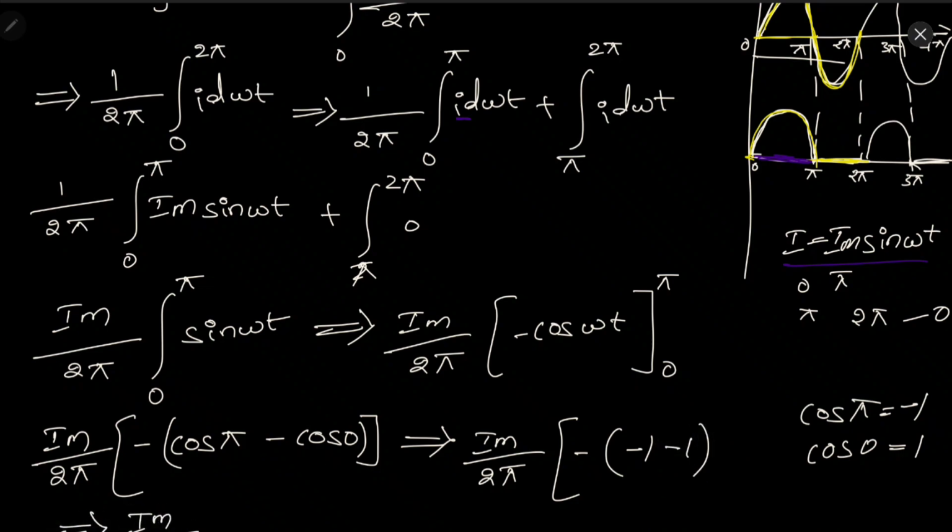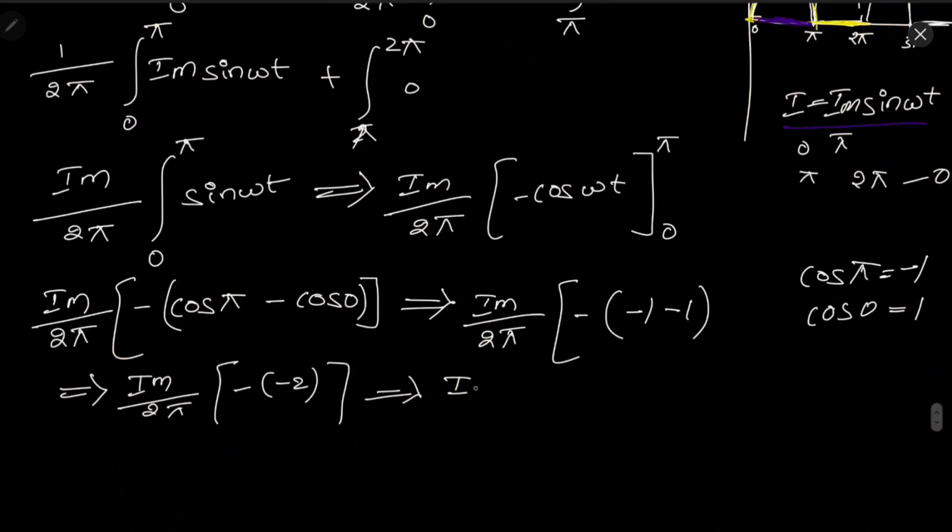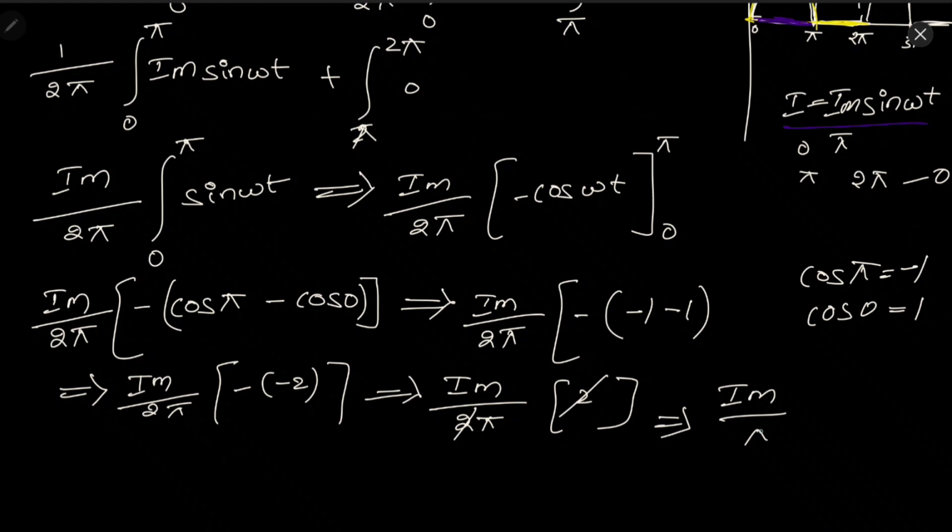So Im by 2 pi into minus of minus 2, which is plus 2. The 2 will cancel and we get Im by pi.